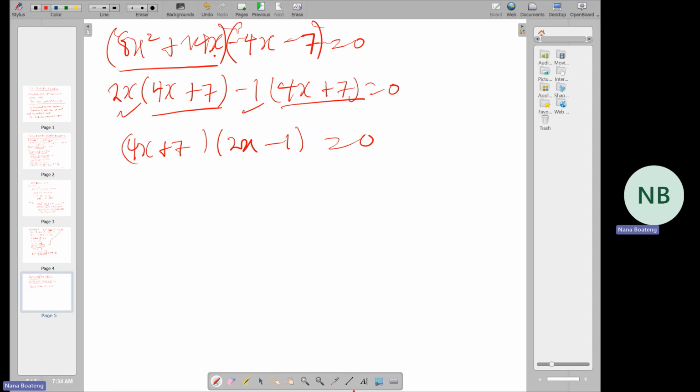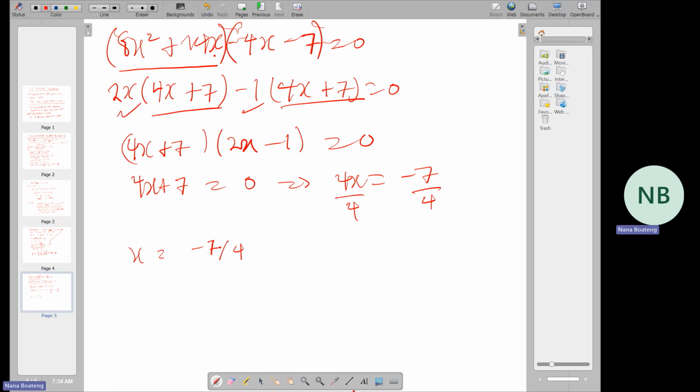So we can set each of these parentheses to 0. For the first one, by the zero product principle, 4x plus 7 is equal to 0, which means 4x is equal to negative 7. If we divide both sides by 4, we see that x is equal to negative 7 divided by 4.